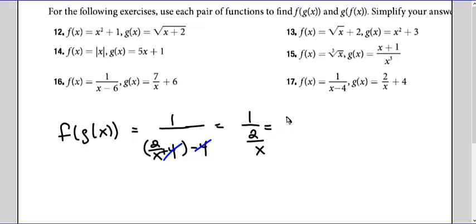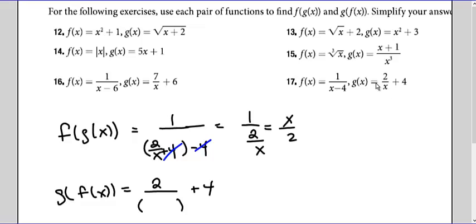So again, you take the reciprocal of that. That simplifies it. And g of f of x is, well, g of x is 2 over something plus 4. That something is 1 over x minus 4.